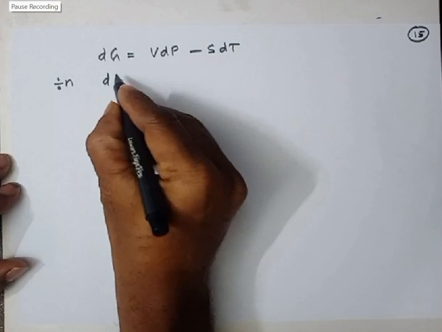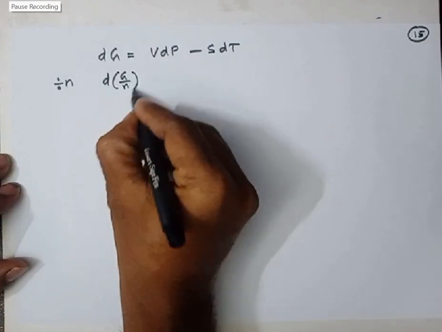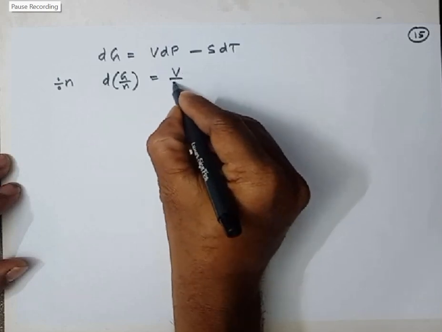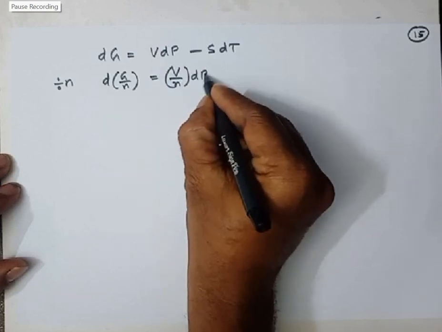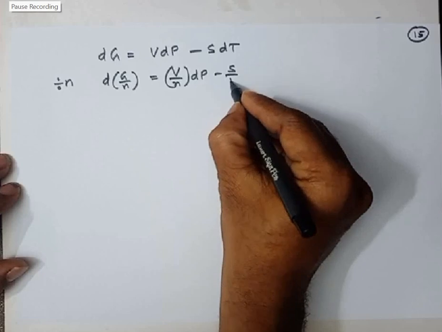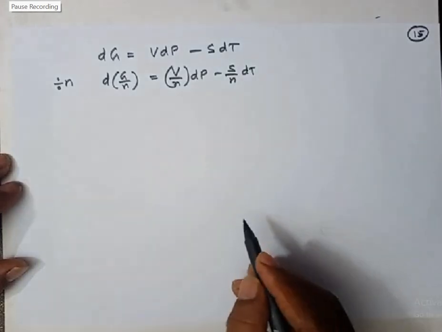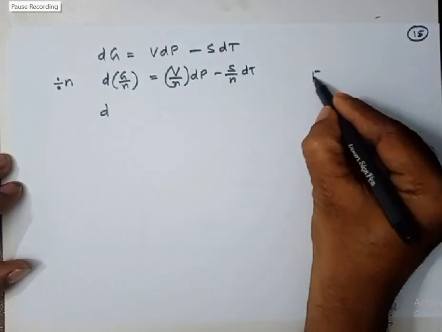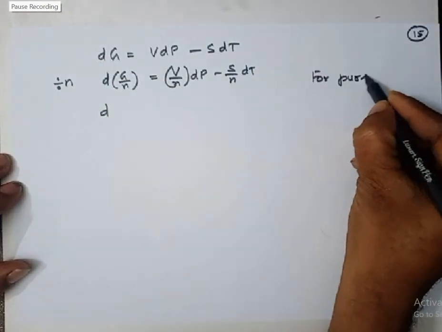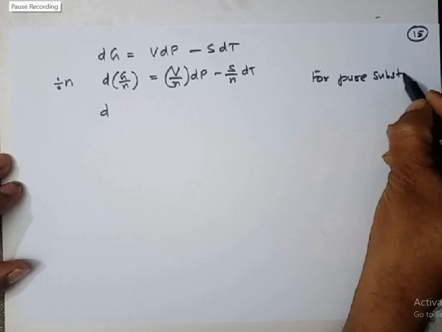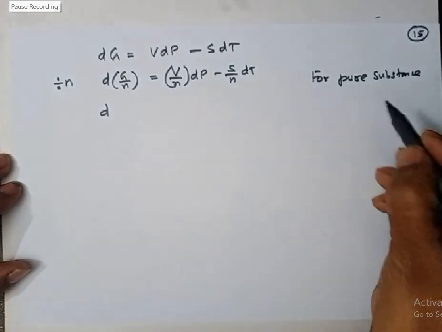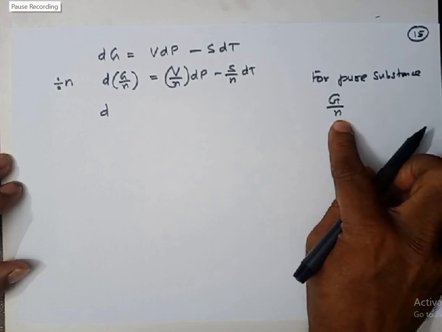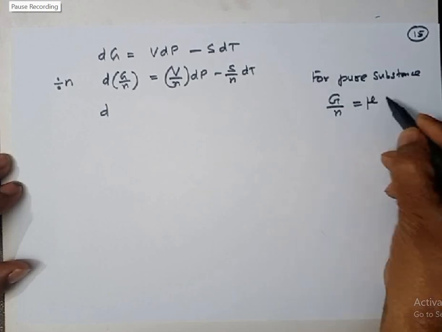So divide G by n, Gibbs free energy by number of moles, divide volume by number of moles, divide entropy by number of moles. Observe carefully, for pure substance, which means it should not be a mixture, Gibbs free energy by number of moles is nothing but chemical potential.